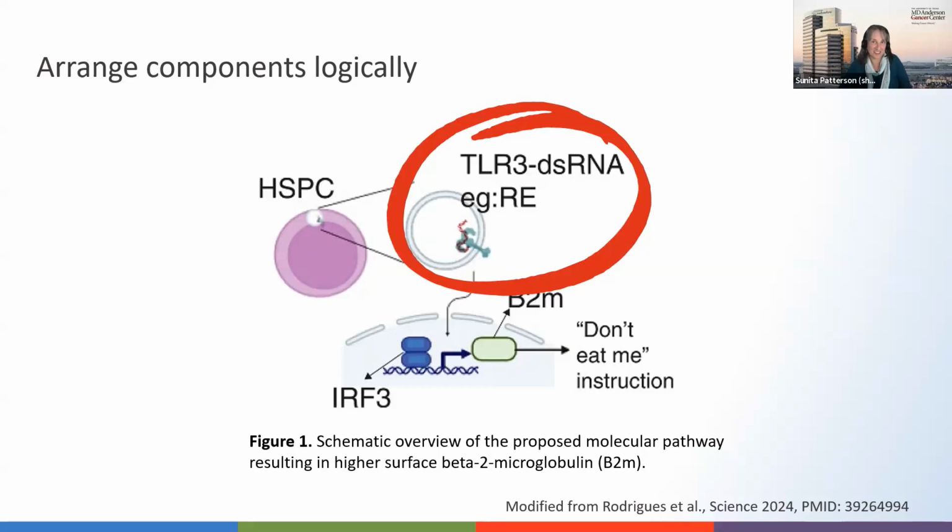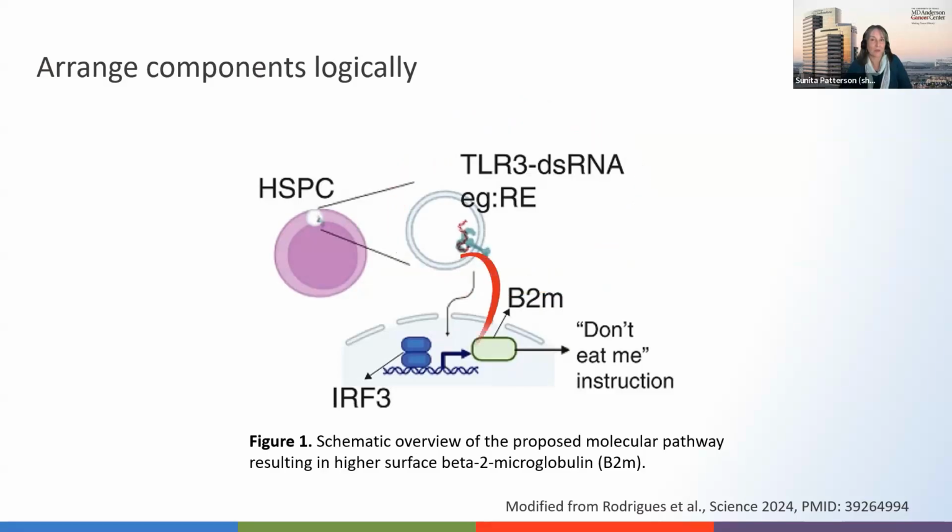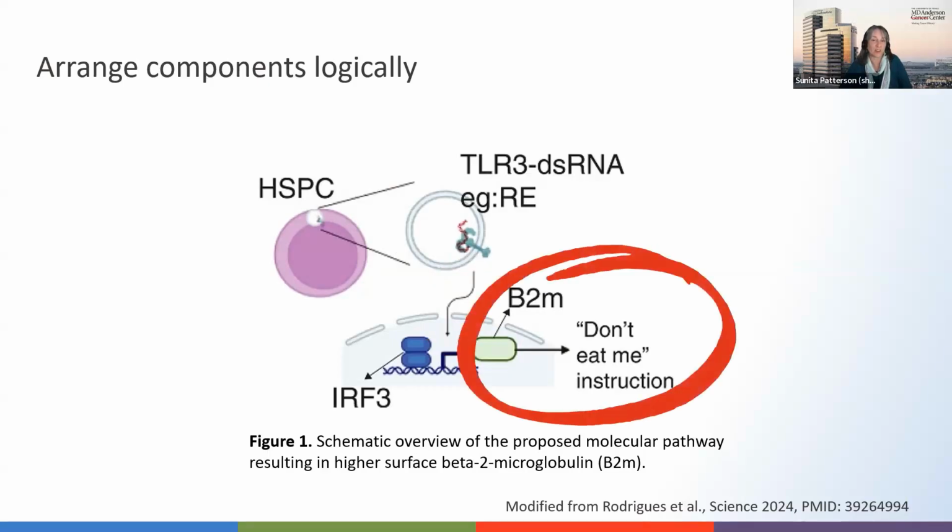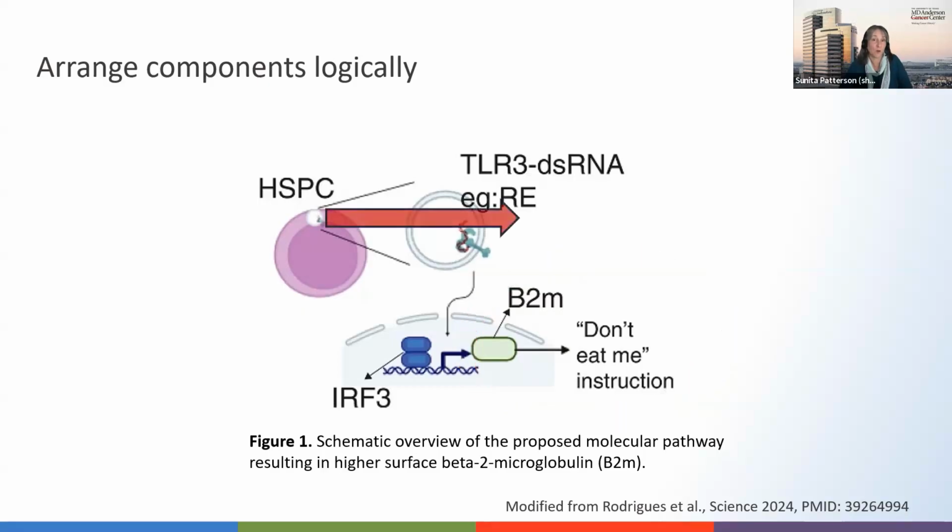Without going into the details of the process, we can see the arrows are leading us down and to the right, culminating in expression of surface beta-2 microglobulin, B2M, and a protective effect that's nicknamed Don't Eat Me. Overall, the arrangement of the components and the black lines and arrows guide the reader's eye in a logical fashion through the information in this figure.